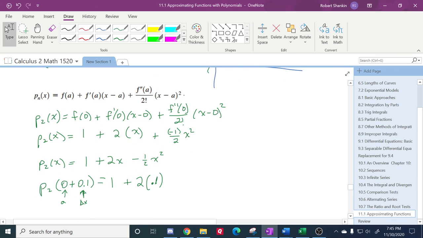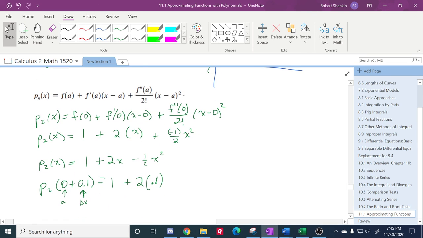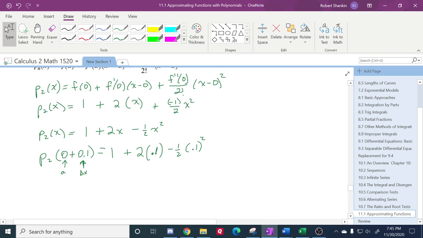Now, but we're going to have an overestimate because it was concave down. And that'll be accounted for right here. So then it's minus 1/2 times 0.1 squared. Alright, so this is 1 plus 0.2.